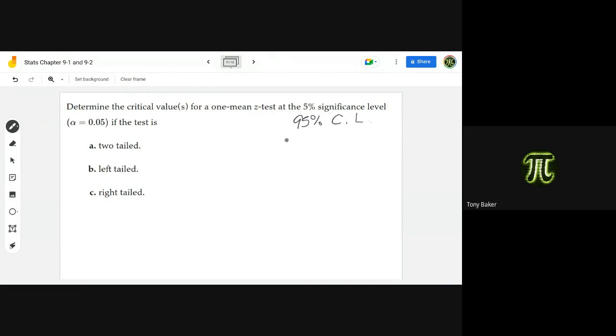So this is the Z of the 0.05 is what we're looking at. So for a two-tailed test, we have to split that in half, right? So we're looking at the 0.25 or 2.5% or 0.025. So if we look at our z-score, now this would be the number that I gave you the other day.